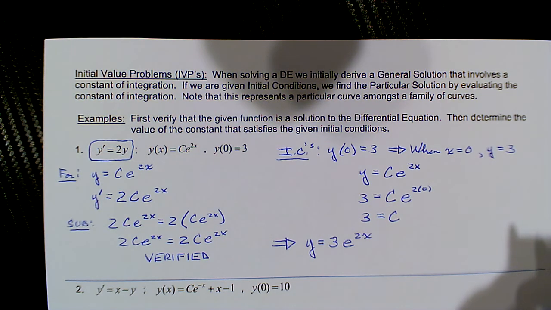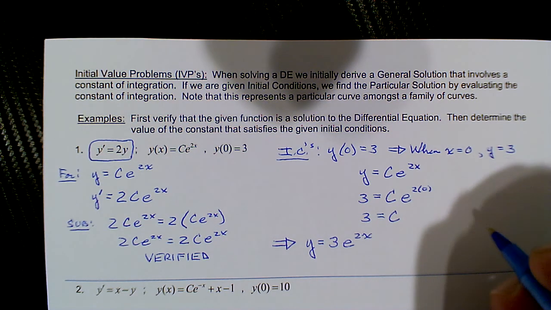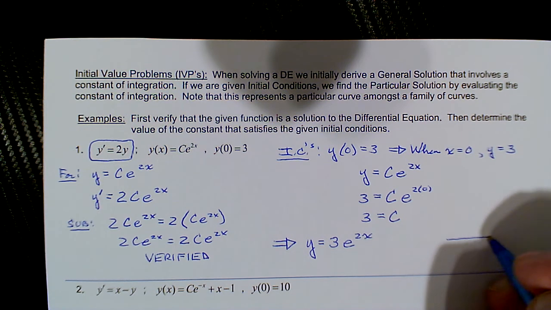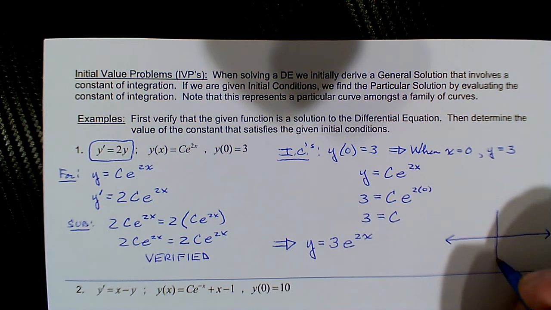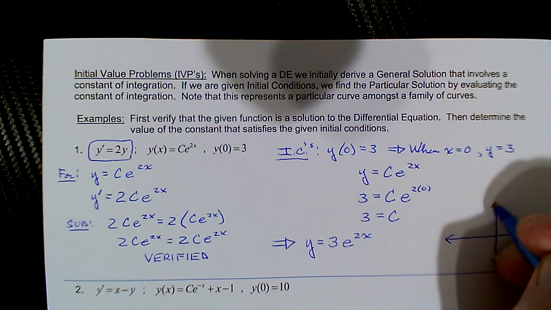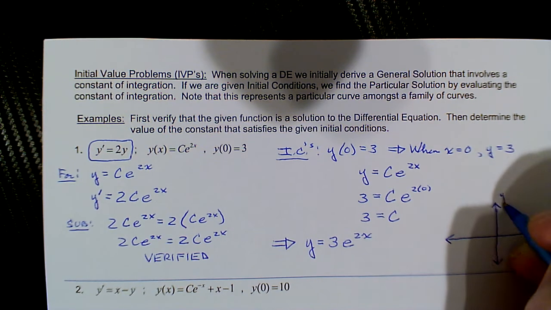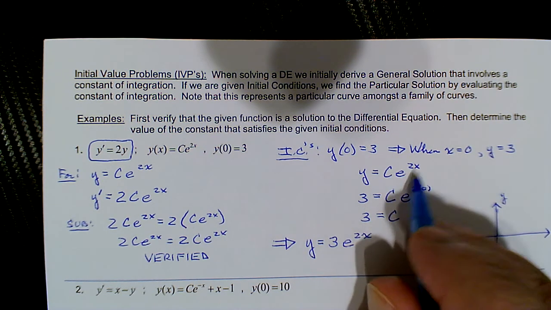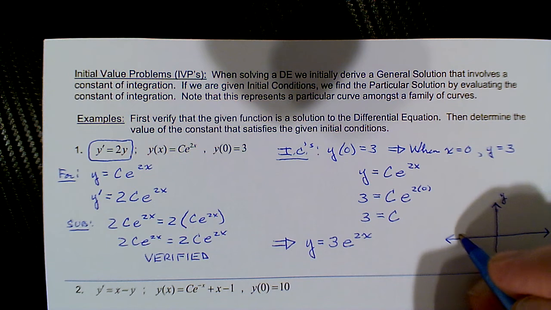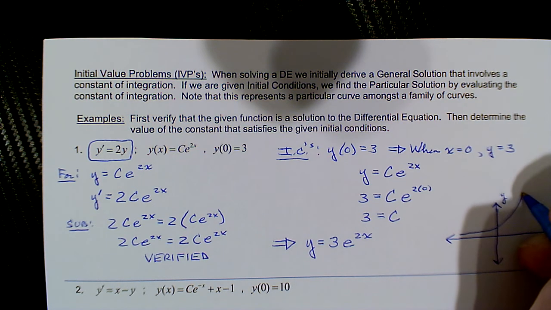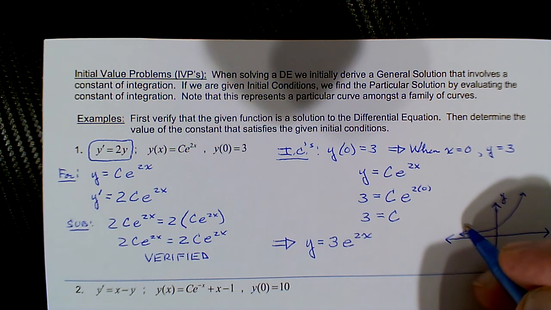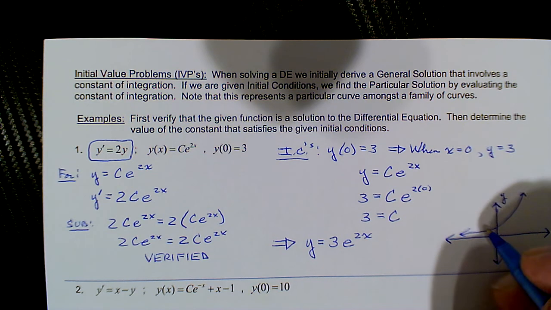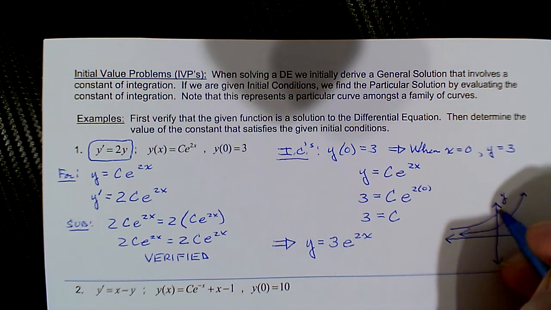So what this represents, if we were to look at the family of curves, the family of curves basically are the exponential functions of the form c e to the 2x. So, for example, this might be what represents the family.